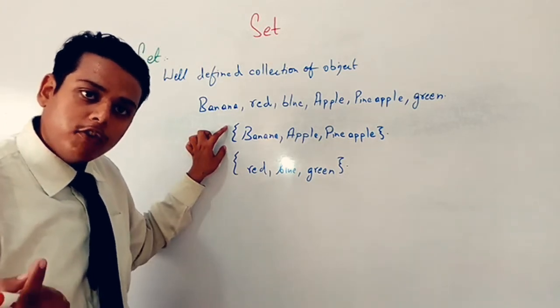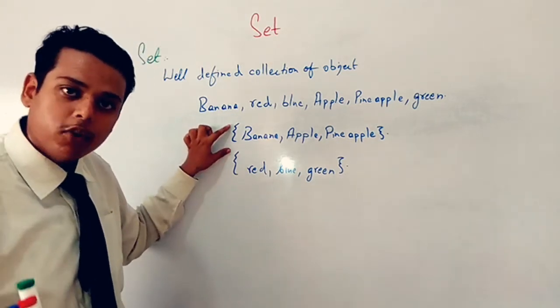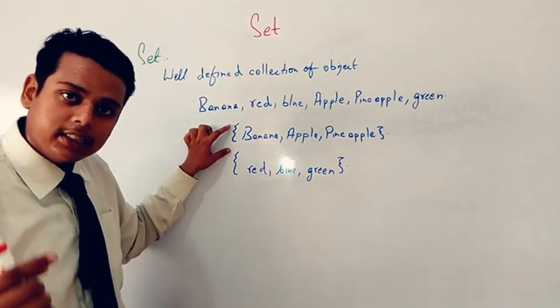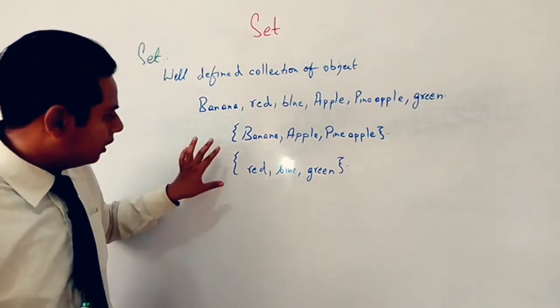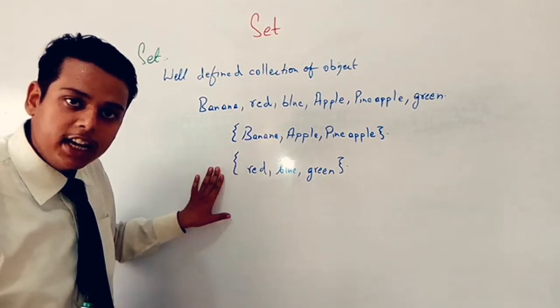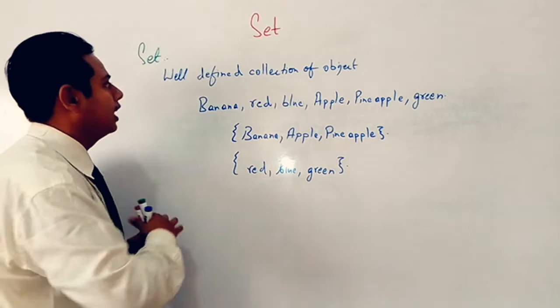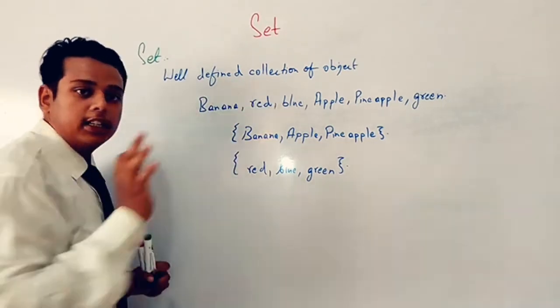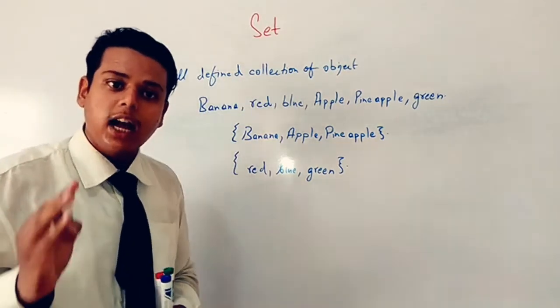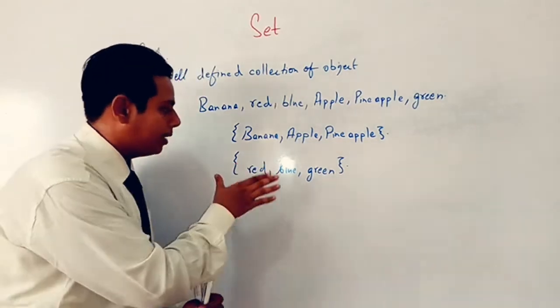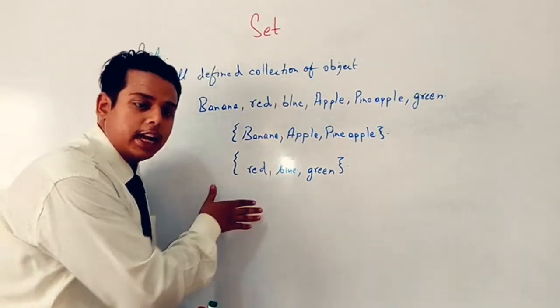These all are fruits. That's why they are in the same group, or you can say in a same set. And if I am talking about this one set, in this set all are the colors. Means well defined objects. Means we have defined that these objects are the colors. That's why we are separating out it into the sets.